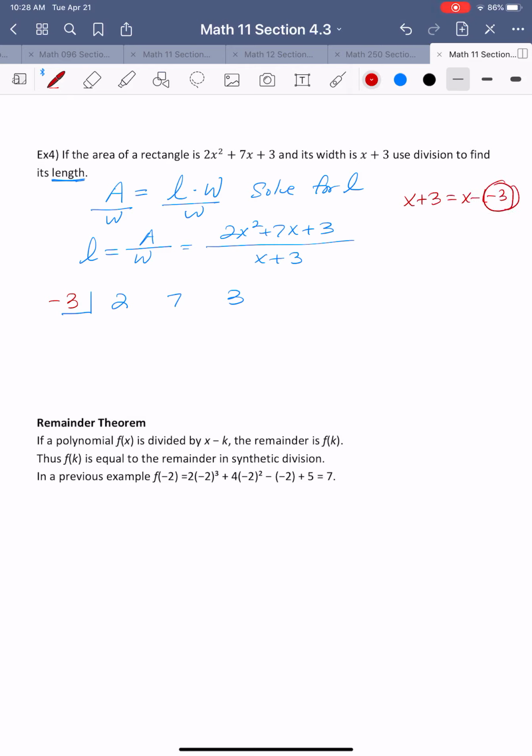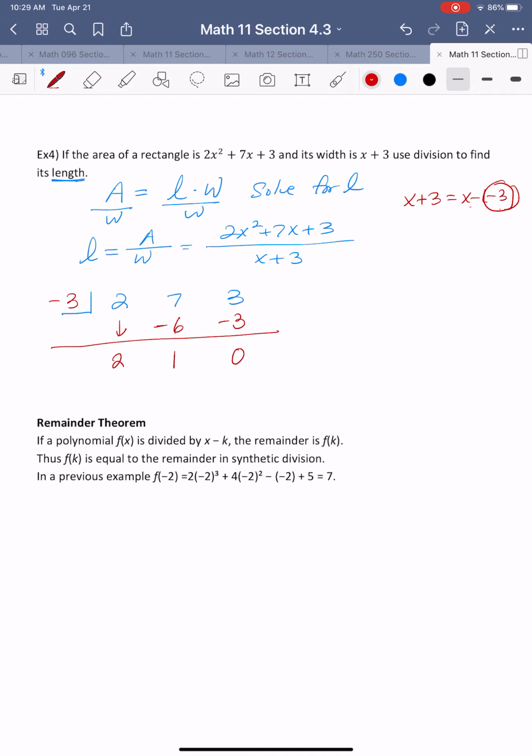So I'm using the negative number. Drop the 2, then multiply negative 3 and 2, which is negative 6. Combine them: 7 minus 6 is 1. Multiply again, negative 3 times 1 is negative 3.